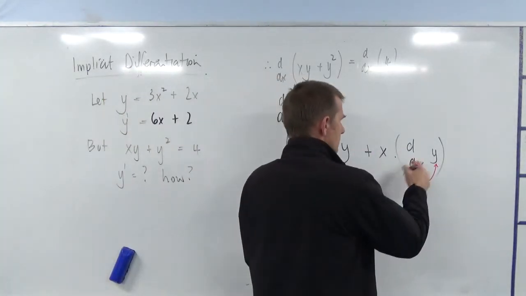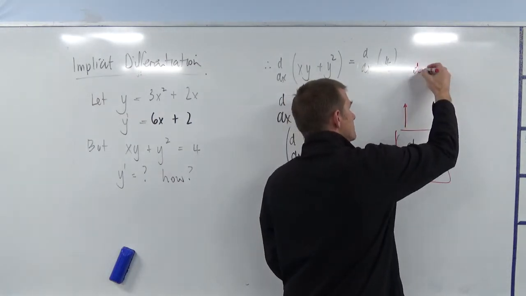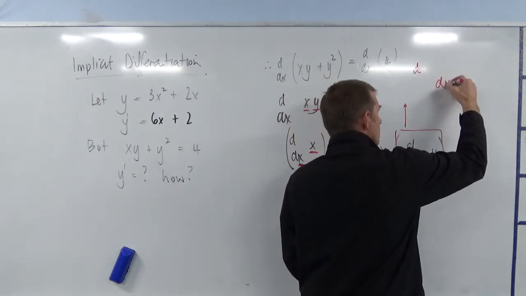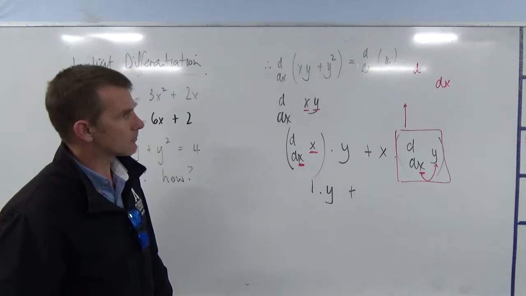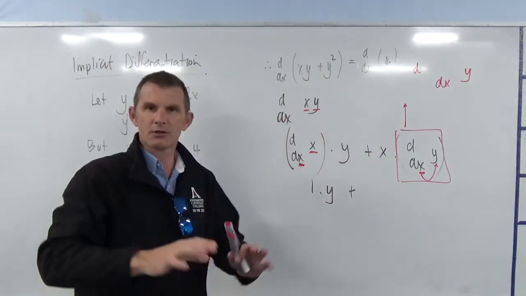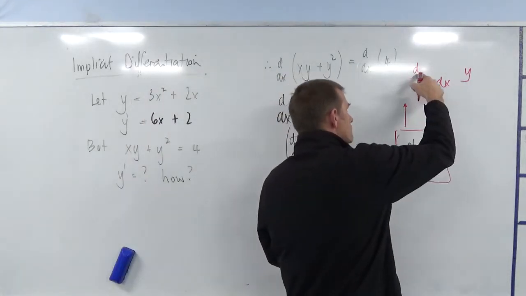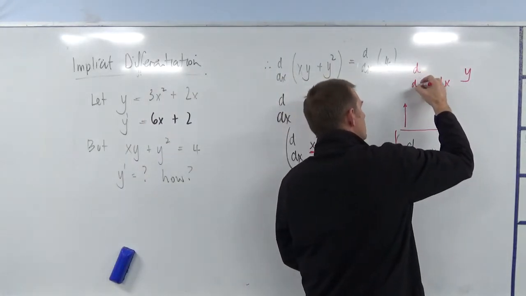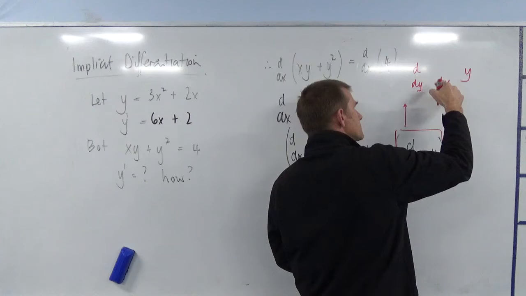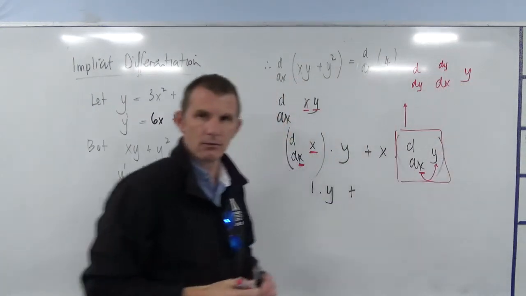What I do is this. Take just this part here for a moment. Let's come up here. I'm going to write d, but I'm going to put the dx over here. Okay? And then put y over here. So I've really just spaced it out a little bit. That's all I've done. Now I'm going to turn this one into d dy and turn this one into dy dx.